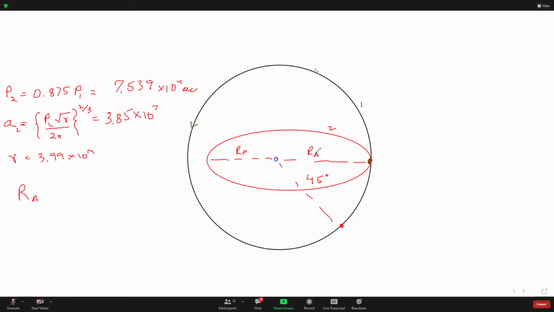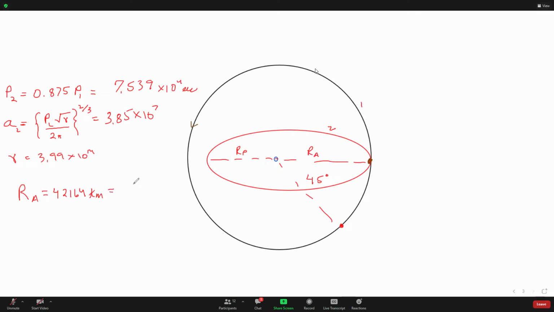But I know that distance. That's the orbital radius of the geostationary orbit. So RA equals 42,164 kilometers.